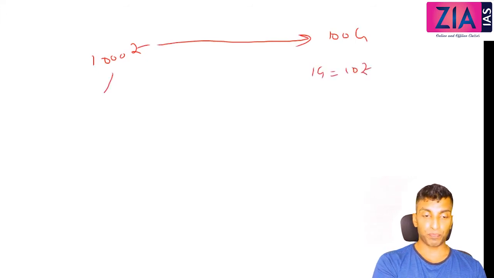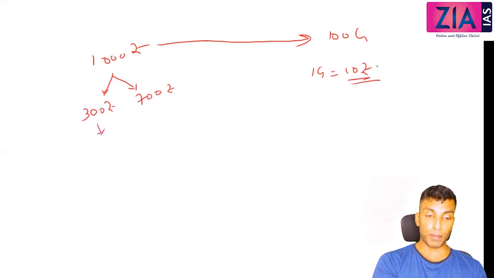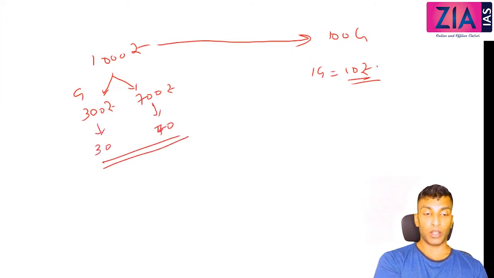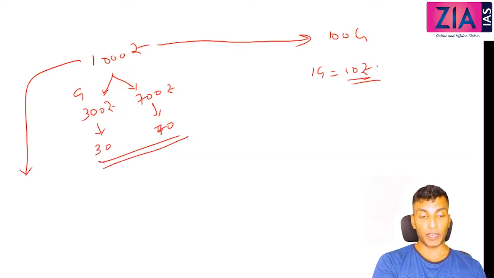So let's say the government has 300, and the private sector has 700 rupees out of this 1000. If one good is 10 rupees, the government can buy how much? 30 goods, and the private sector can buy how much? 70 goods. So a total of 100 goods have been sold. Now imagine the government went for printing of currency.